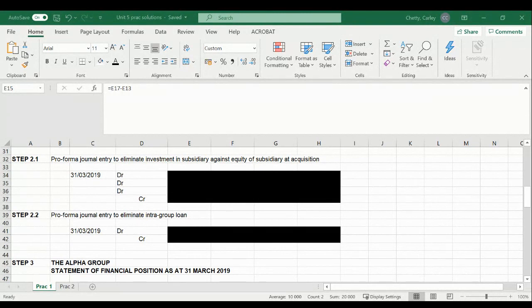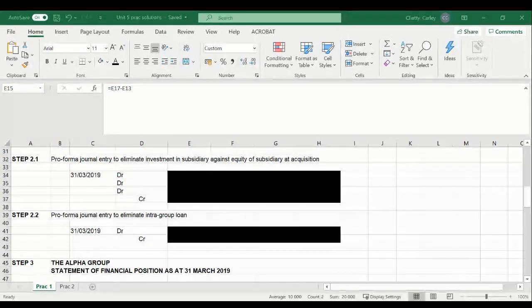In Beta's books, Beta is showing a credit loan balance because it owes money to Alpha. Because it is a credit in Beta's books, we need to debit this to eliminate it. So we're going to debit loan in Beta's books of 100,000 Rand to eliminate that line item.